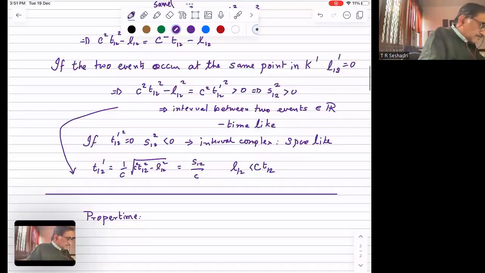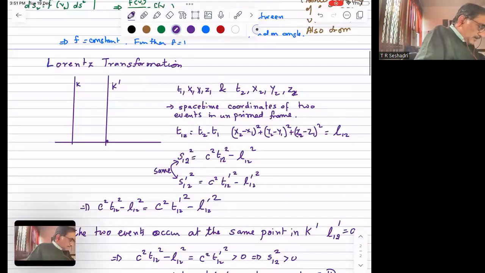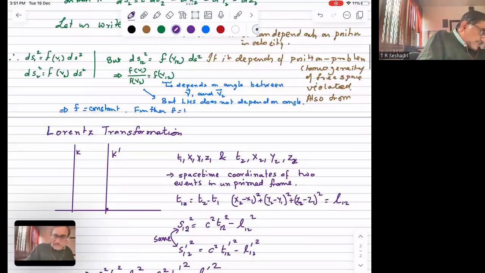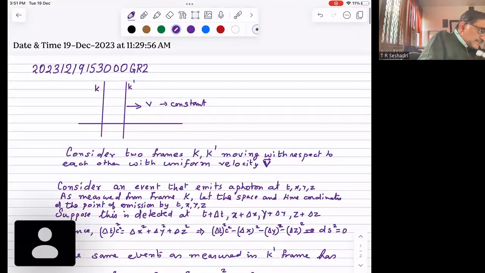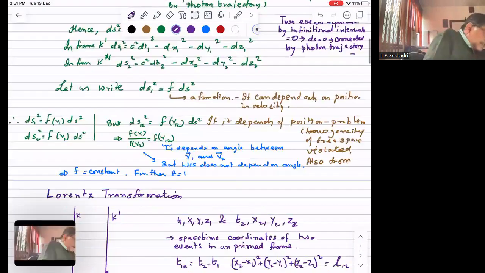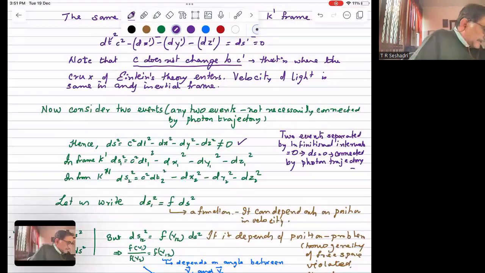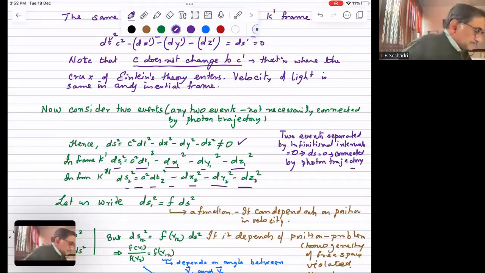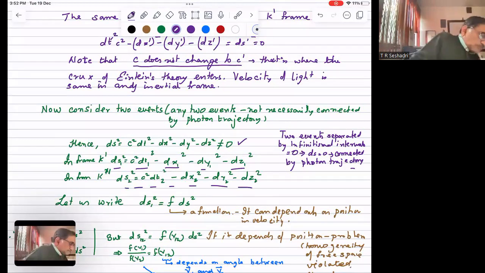So I consider two such events, and for such events, this need not be 0. Suppose these two events are seen in the K prime frame, then my ds1 square will be this minus this minus this minus this, and in the K double prime frame, it will be like this. Now, ds1 and ds are two quantities.